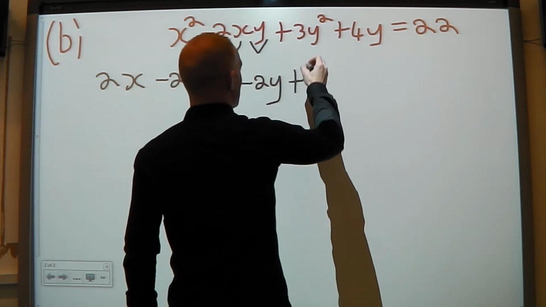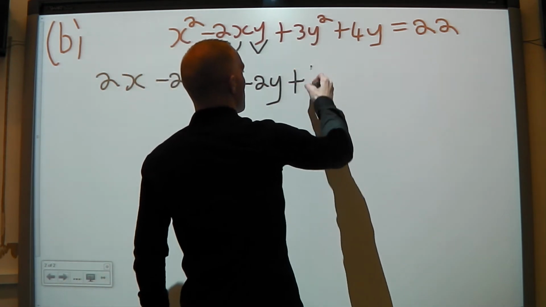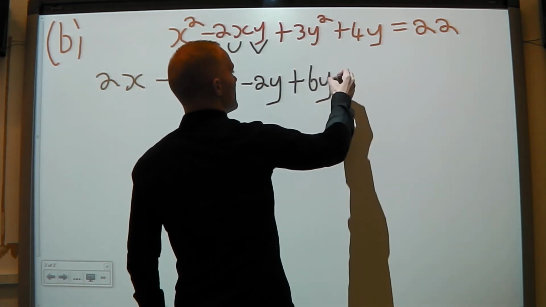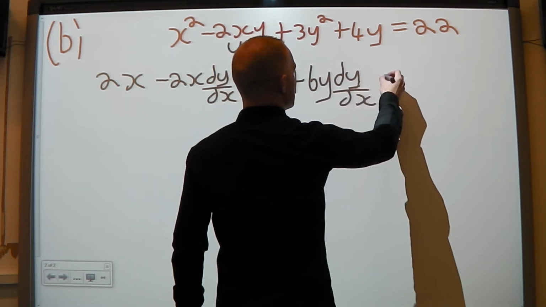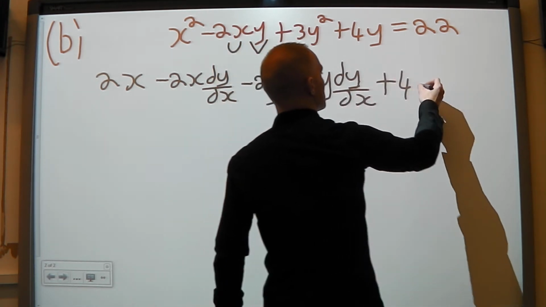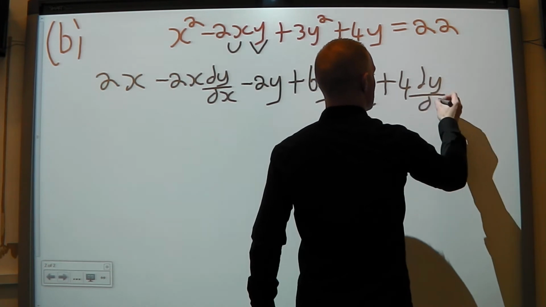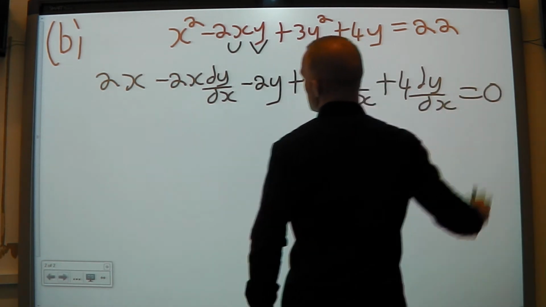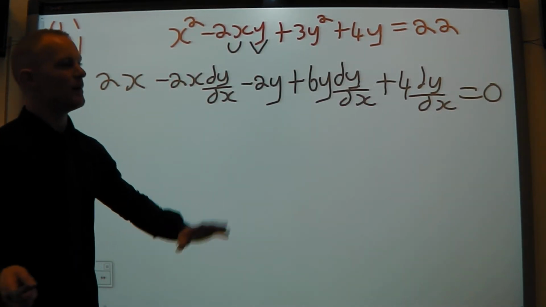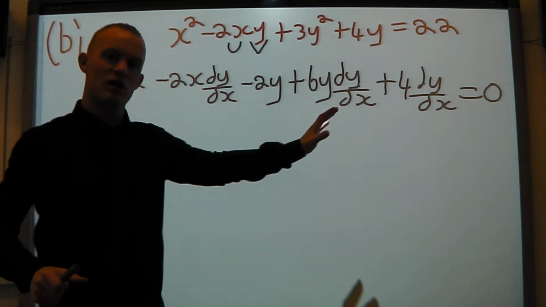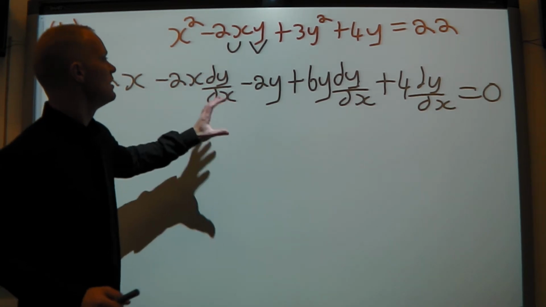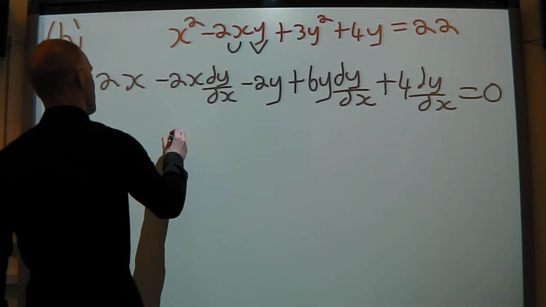Now here we are, plus 6y times dy/dx. And this is equal to plus 4 times dy/dx. And the derivative of a constant is always equal to 0. So now what we want to do here is get every term that has a dy/dx in it on the left hand side and all the other terms on the right hand side. So we'll take out dy/dx as a factor.